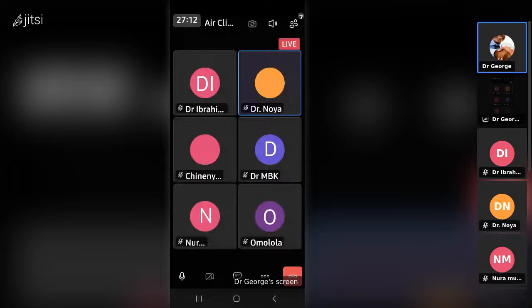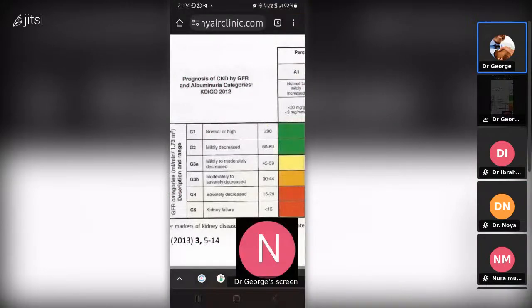Okay. So these are the stages. The normal EGFR is supposed to be above 90, right? So 90 to 120 is expected to be the normal EGFR, where EGFR means estimated glomerular filtration rate. In previous discussions we talked about the different ways of measuring GFR.